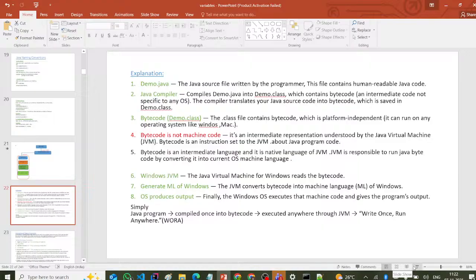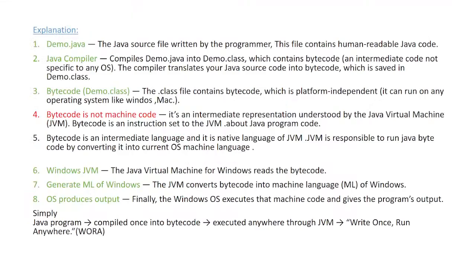After that, in the bin folder, what is contained? The Java compiler. It will compile the demo.java into a class file. After compiling, it will generate the demo.class file, which contains bytecode. This is an intermediate code, not specific to any OS.